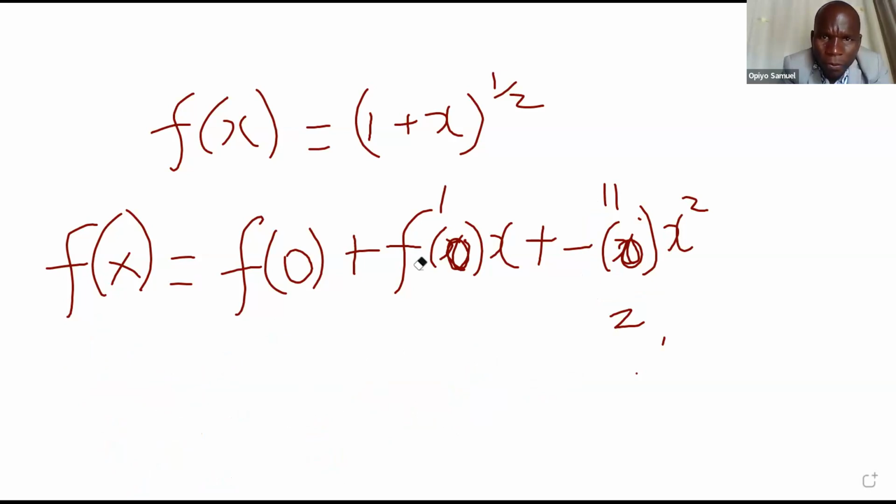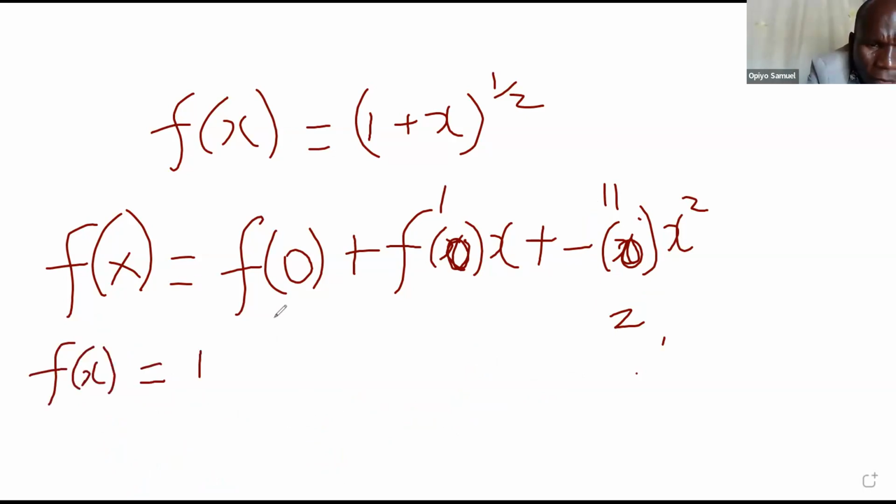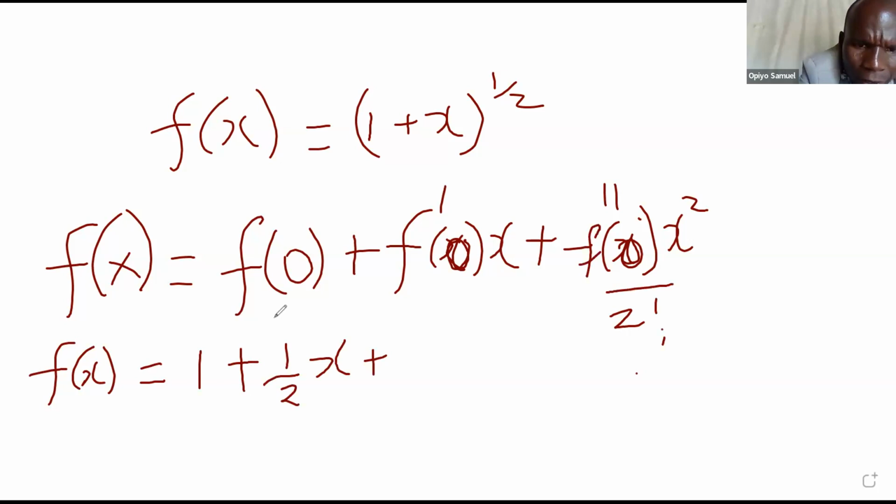So when we now bring back and put here, we get f of x equals f of 0, which was 1, plus f prime of 0, we got a half, times x, plus f double prime over 2 factorial.